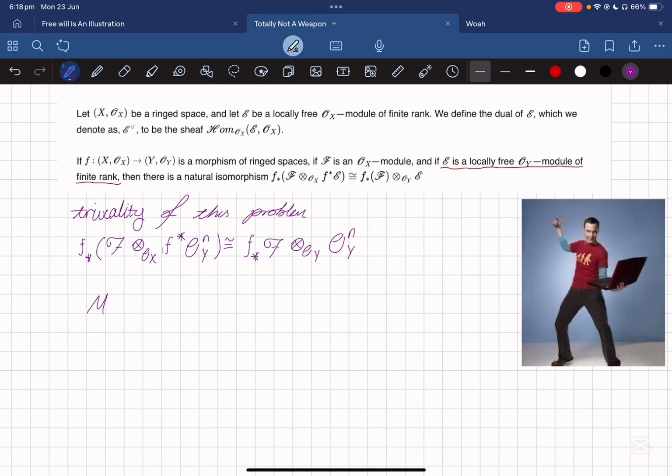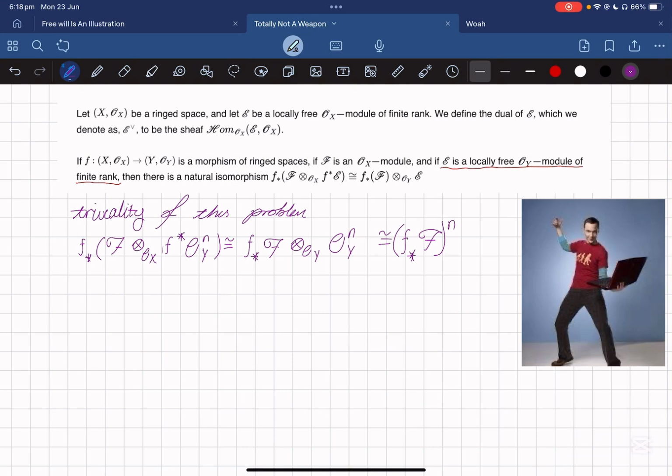Now, a note to consider: with tensors, say if I have M tensored with R to the n, we know it's isomorphic to M to the n, which applies to this problem here because we have a Y base. So we now know it's isomorphic to the push forward of F to the n.